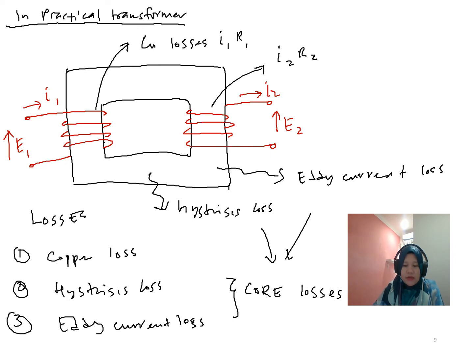Thus we get the equation for the transformer, which is E at secondary multiplied with the current at secondary, equal to E at the primary multiplied with the current at the primary, minus the loss due to the hysteresis, minus the loss due to the eddy current, and minus the loss due to copper loss.